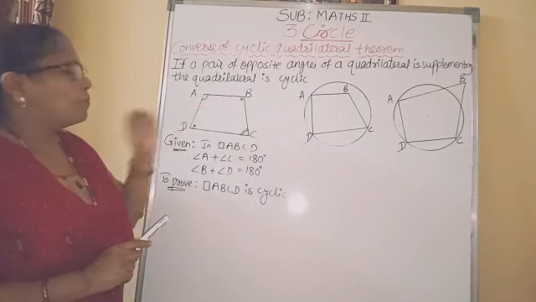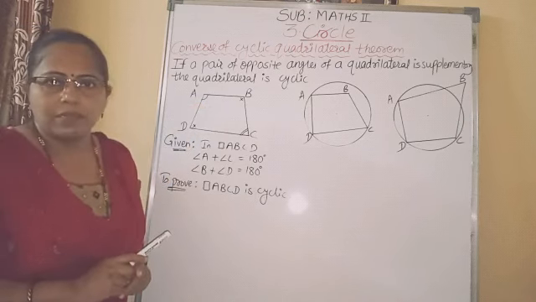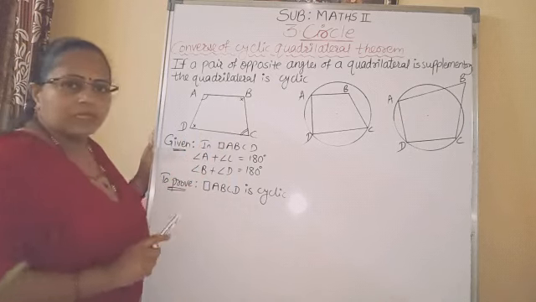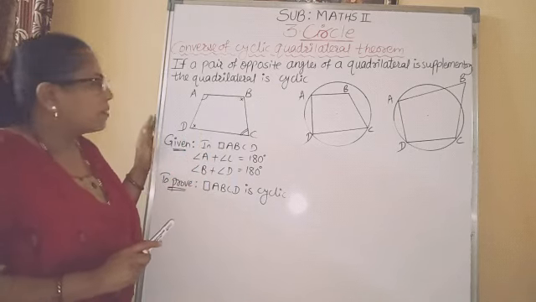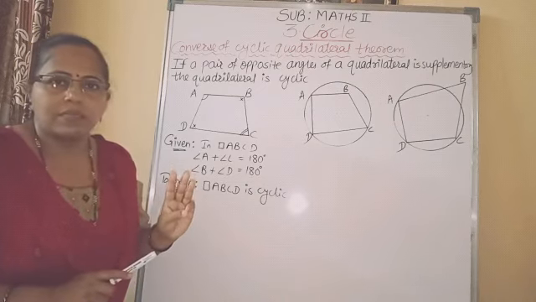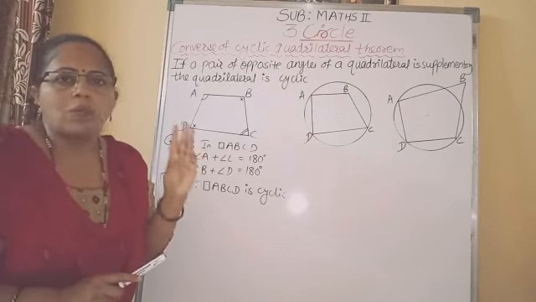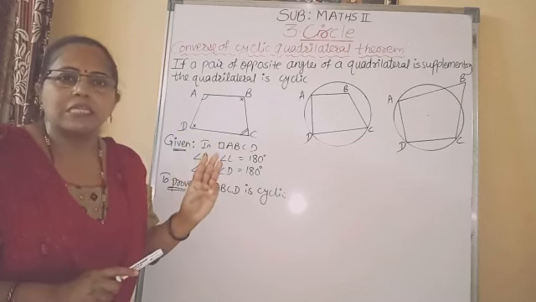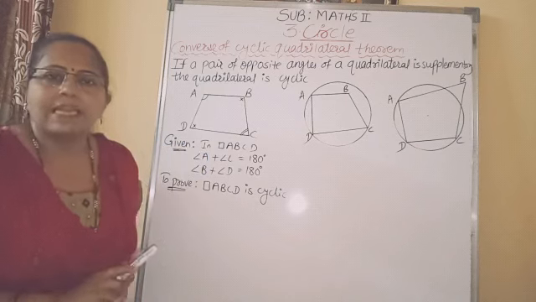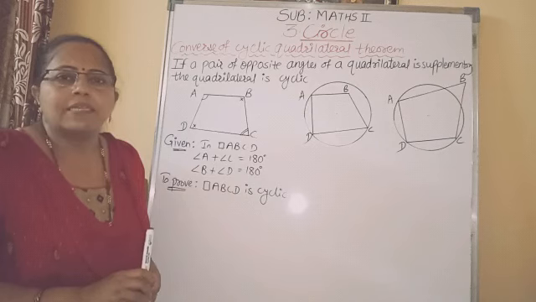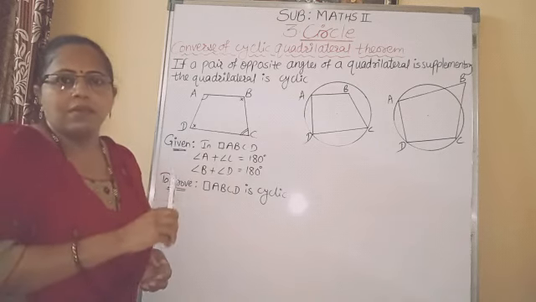Now students, we will prove this using indirect method. We have to prove all the 4 points are on the circle. But as we know that 3 non-collinear points are always on the circle. Because in 9th standard you studied the construction that every triangle has its circumcircle.